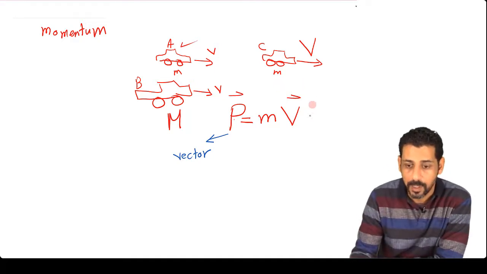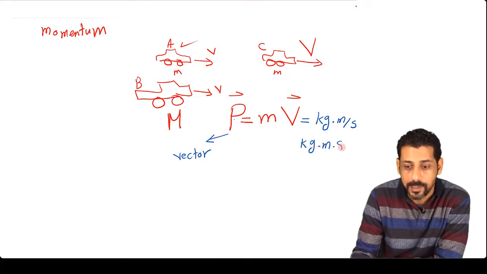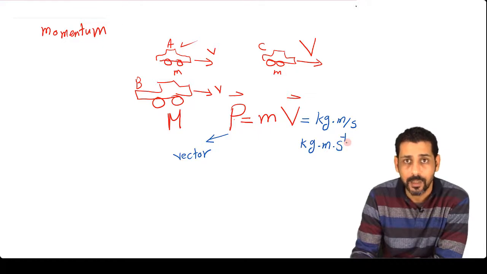What about the unit for momentum? The mass unit is kilogram and the velocity is meter per second, so the unit is kilogram meter times second to the power of -1. Meter divided by second, when you put the second up, is second to the power of -1.